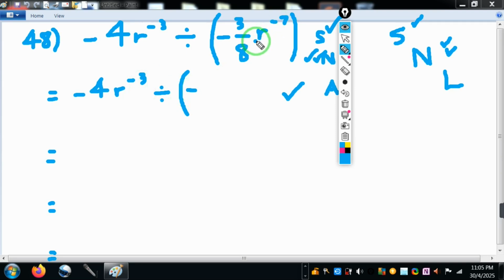Of course, below the r to the minus 7 there is a 1. So you multiply top by top. So that one becomes 3r to the power of minus 7. And downstairs there is 8 times 1, which will be 8. I want it to be like this.